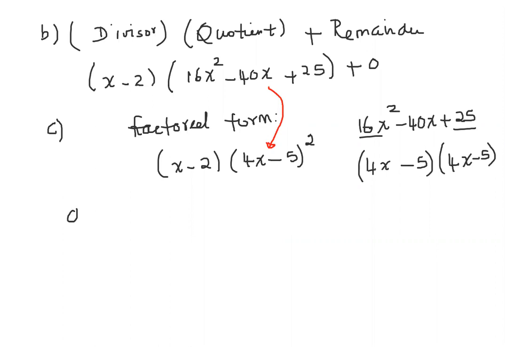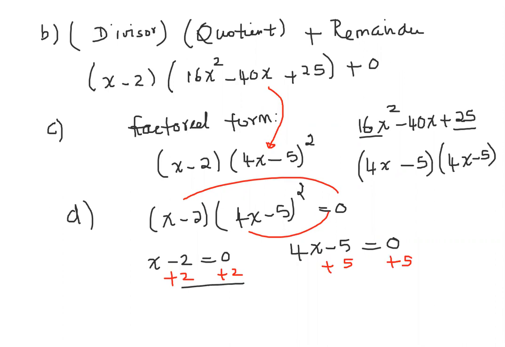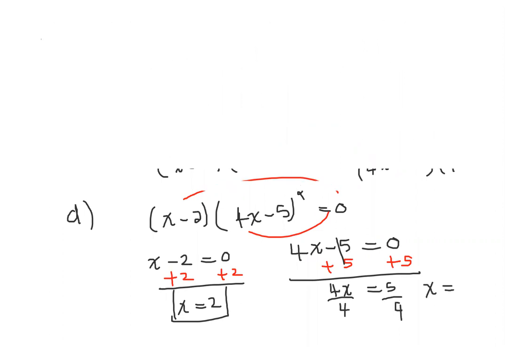So to solve, we set x minus 2 times 4x minus 5 squared equal to 0. And set each one equal to 0 and solve and get the x by itself. So x equal to 2 is our first solution. And x equals 5 over 4 is our second solution.